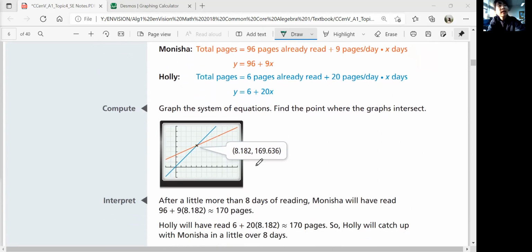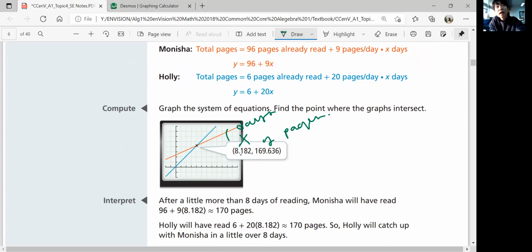After a little more than 8 days of reading, because x represents how many days, okay? And y represents the pages. Manisha will have read 96 plus 9 times 8.8182, about 170 pages. And this is when they both have this point in common.